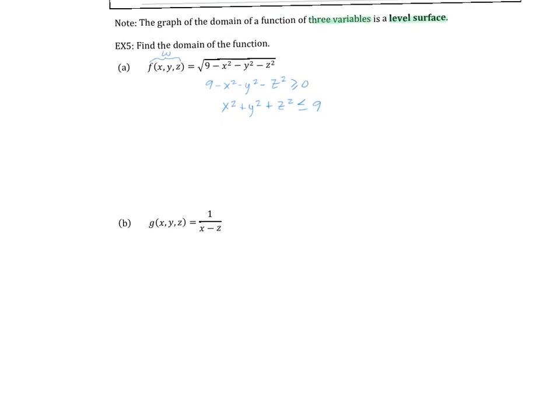So the domain of my function f is going to be the set of all ordered triplets x, y, z such that x squared plus y squared plus z squared is less than or equal to 9.